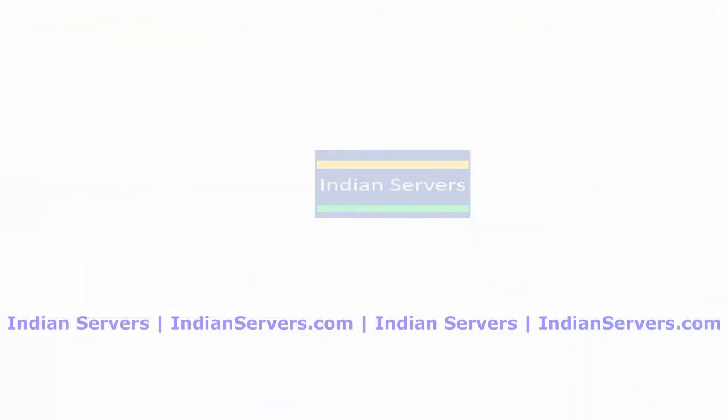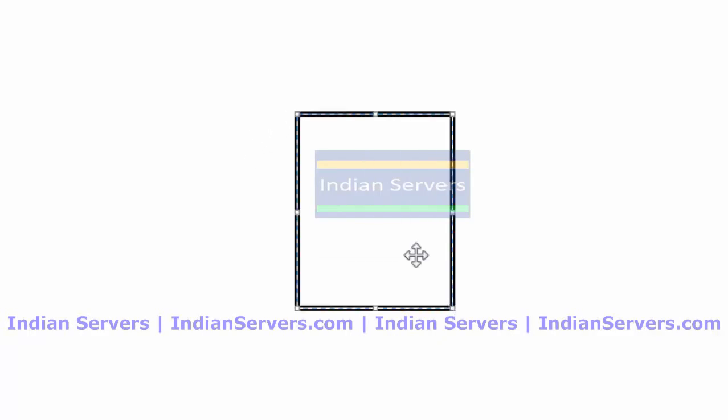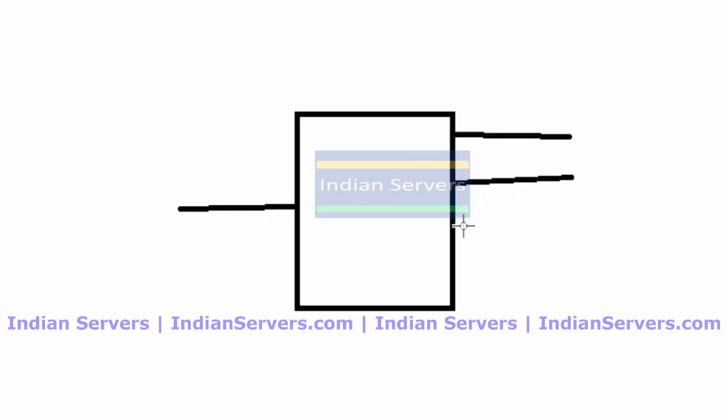So assume that we have one decoder, that is 1 cross 4. The input of the decoder is connected to the mobile phone and it has 4 outputs. So this is the decoder.